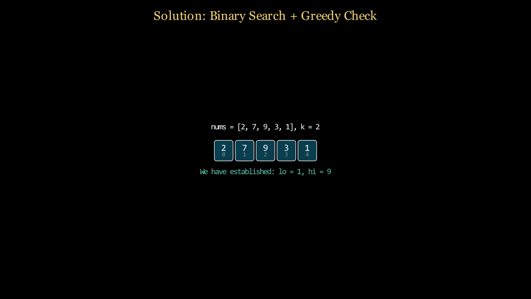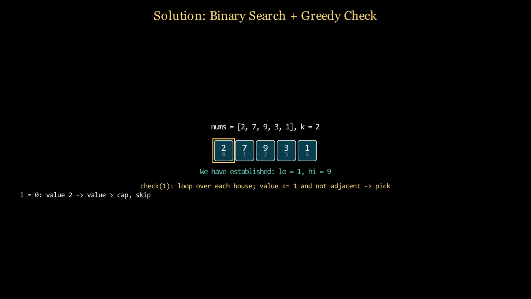For this example we have established the lower and upper bound, low is the minimum house value 1 and high is the maximum 9. Index 0, value 2 exceeds cap 1, skip. Index 1, value 7 exceeds cap 1, skip.